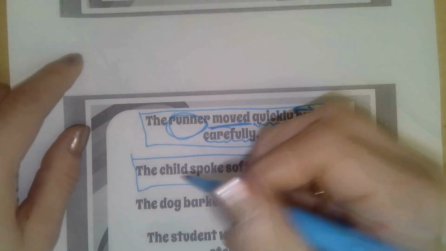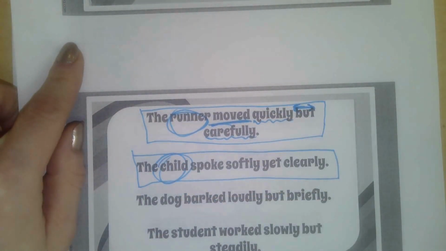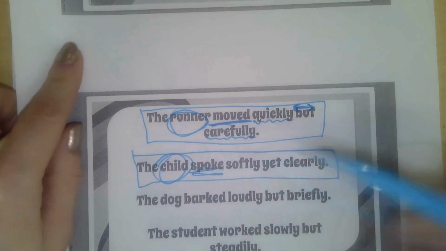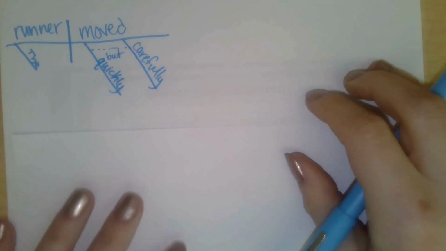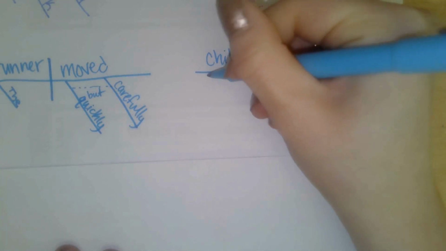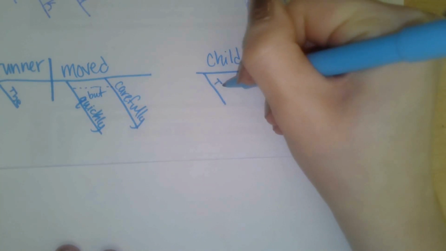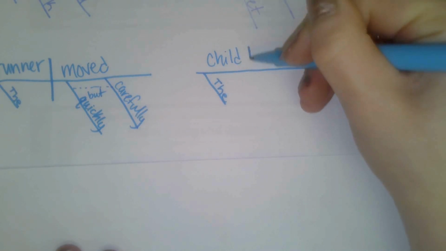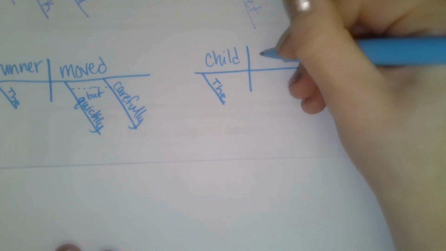Now the child spoke softly yet clearly. Subject is child, the one doing it. Verb, spoke. So, child, horizontal line. Describing the child is the word the. Vertical line, what did the child do? The child spoke.